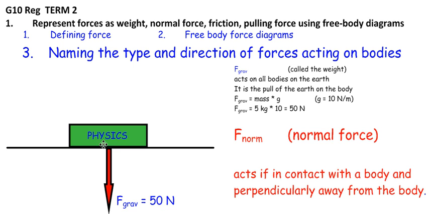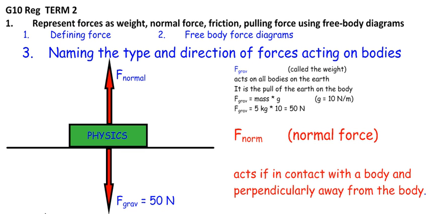In this case, since the book is in contact with a table, then perpendicularly away from the table, the normal force will be acting vertically upwards. The vertical is the perpendicular to the table. So we show this with an upward pointing arrow and a label, F normal.